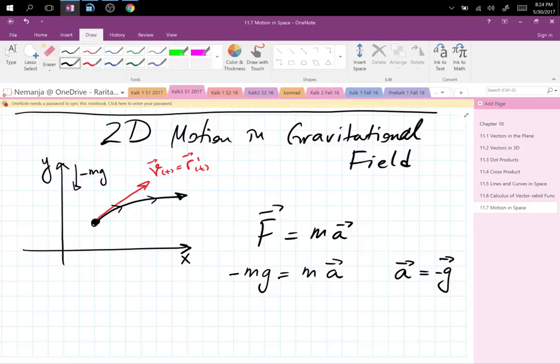So we know that gravity is acceleration. Gravity is acceleration. That's why I say acceleration of gravity. Good. So now, looking at the vertical component here, this vector I can describe as 0, negative mg.